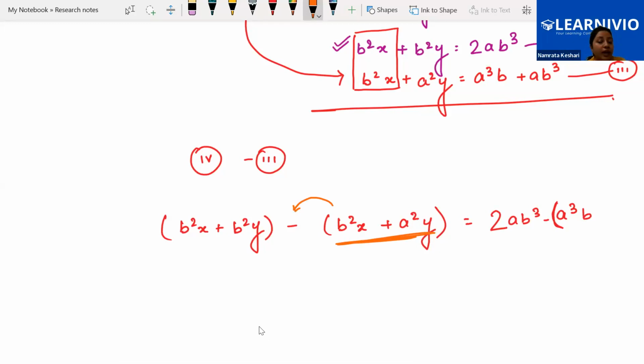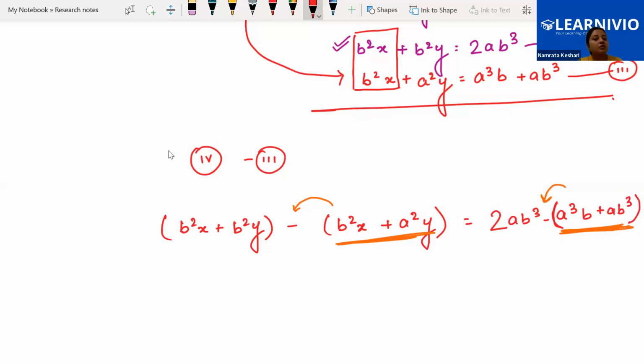Here I have not applied the bracket, but I realized that here is a subtraction sign, so I need to be careful. When you are doing addition, no worries, you can do it directly without bracket. But when you are going to do subtraction like that, please be careful and write the steps properly. Use the parenthesis bracket. Okay, so plus ab cube.